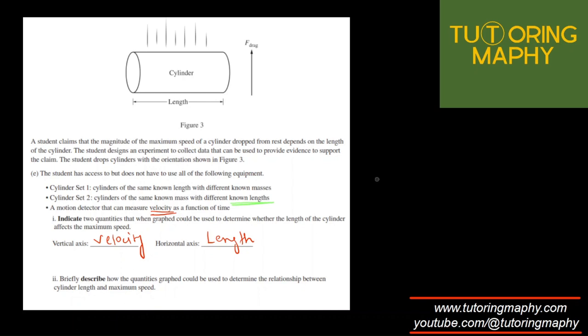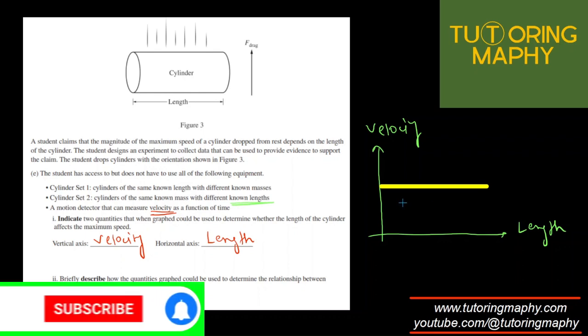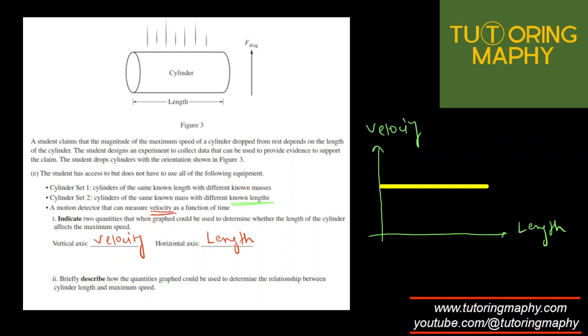We know that if the graph of velocity versus length comes out to be almost a horizontal line, then it is not dependent. But how will it be dependent? How will the relationship change? If it is anything which is not a horizontal line, maybe it's an increasing curve or a decreasing curve, right?